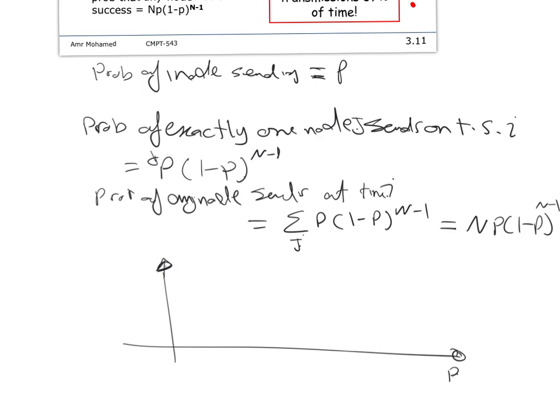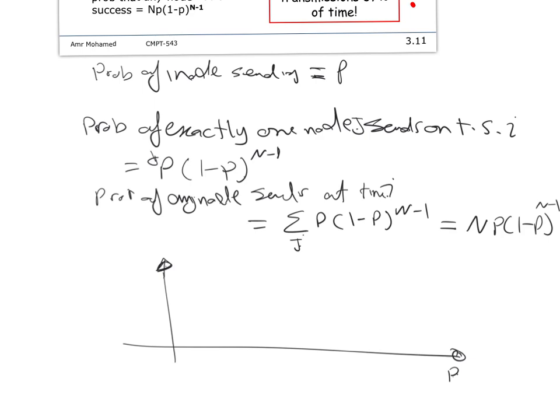Because this is actually the efficiency of slotted ALOHA, when this probability is maximum. This means that at any time slot, I have the maximum probability that one node only is sending and the others are not sending. So this is the best case scenario, which means this is the maximum efficiency.